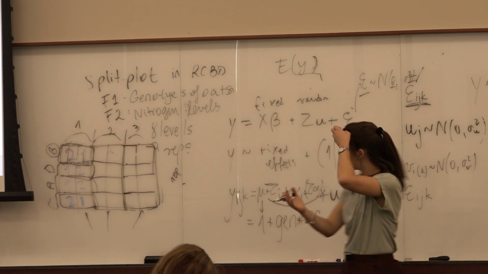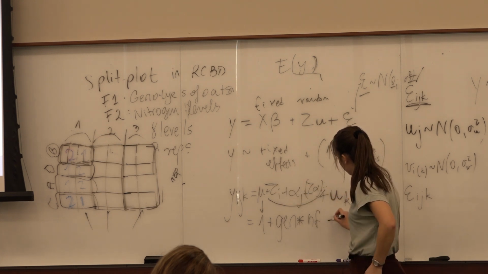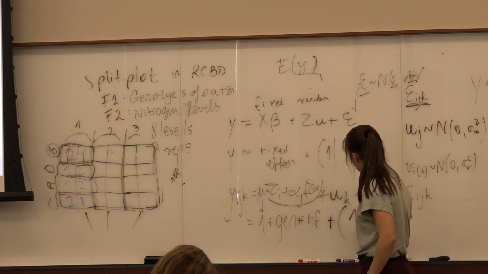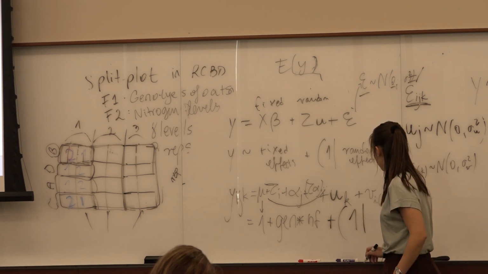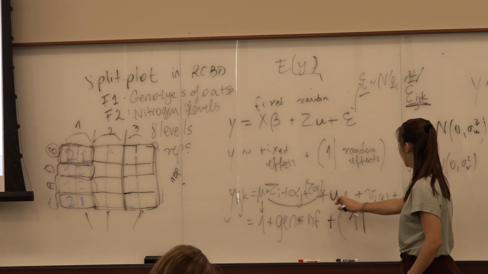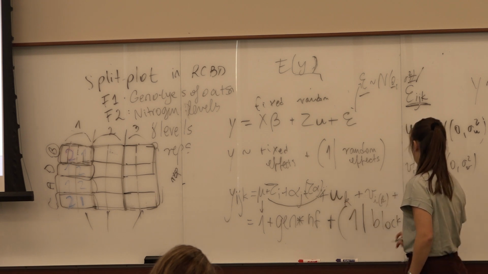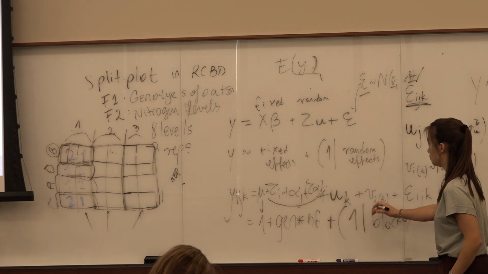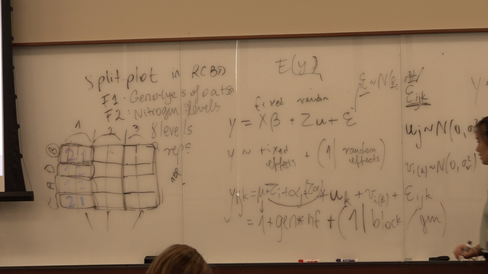So there's two ways of specifying that. You can say 1, because we're always affecting the intercept, vertical bar, and then first block, and then nested within that, the whole plot, which is genotype. And the error is just assuming that the family is Gaussian.